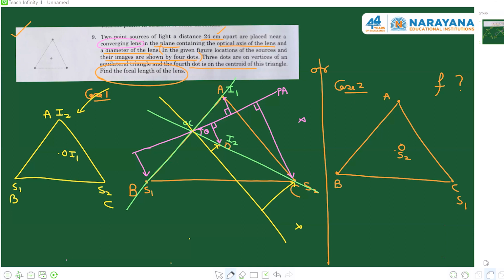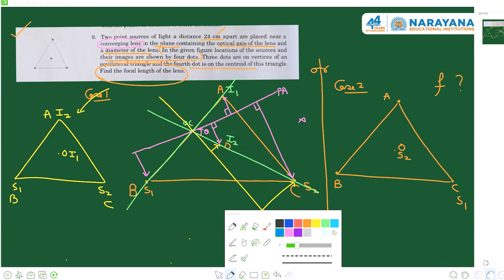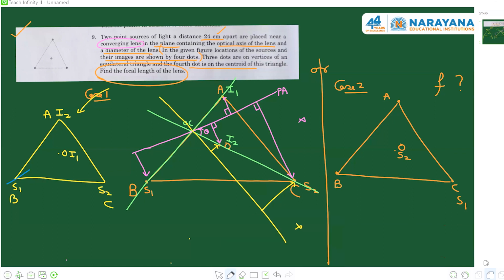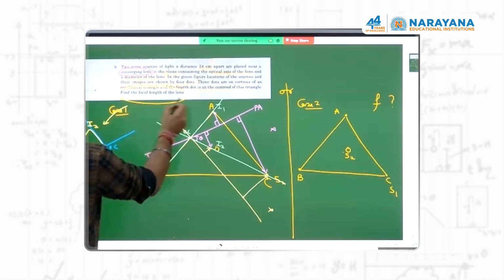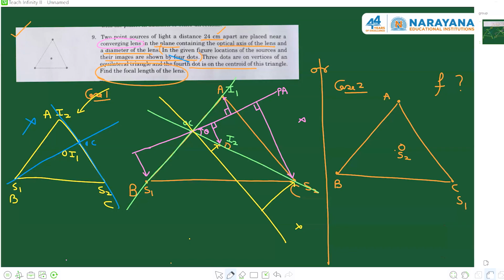Now you understand the same philosophy holds again, because if I connect S1, I1 and S2, I2, I will have my optical center here. And for S1, I1 only, I1 cannot be nearer if it is on the same side. There is a contradiction. So that tells me that case 1 is not possible. So whatever he has said is only possible in case 2.